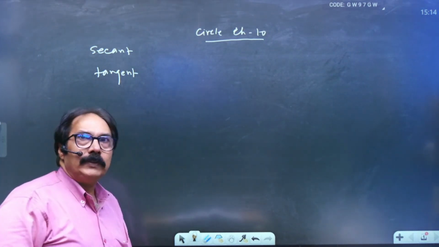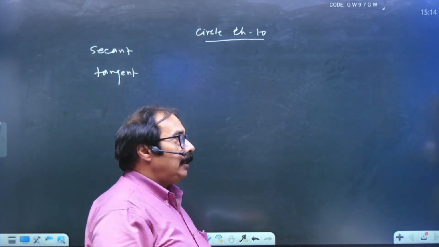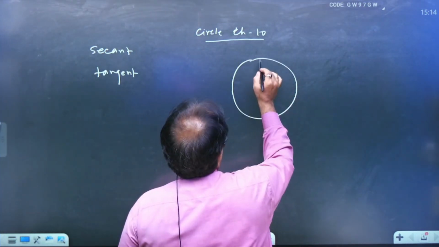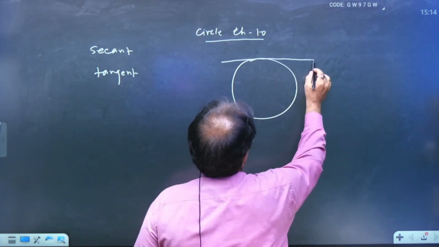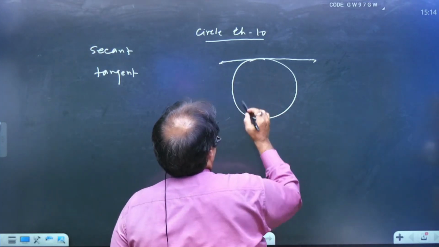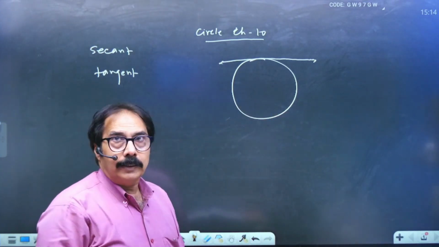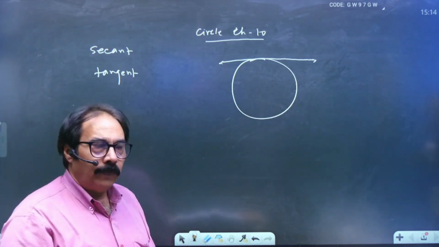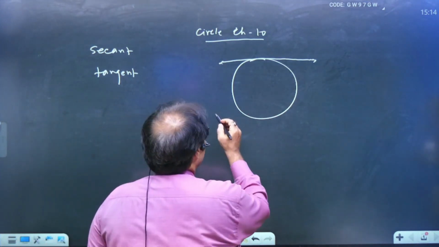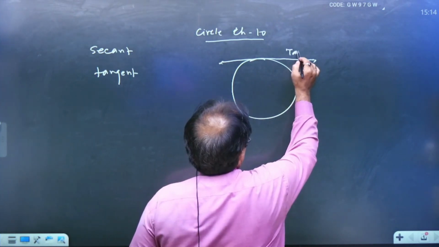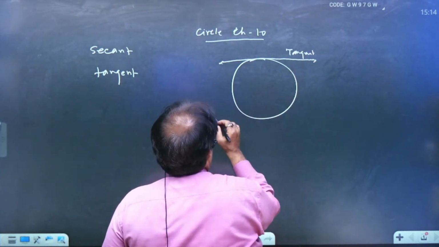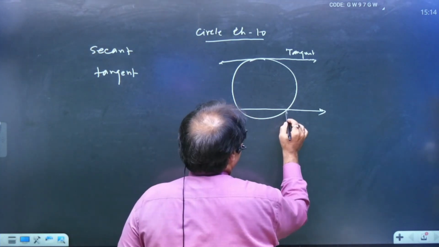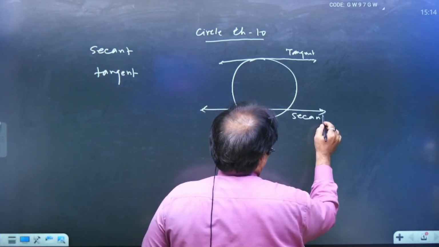So what is the difference between the secant and tangent? Tangent is a line which touches a circle at one point, and secant is a line which intersects the circle at 2 points.